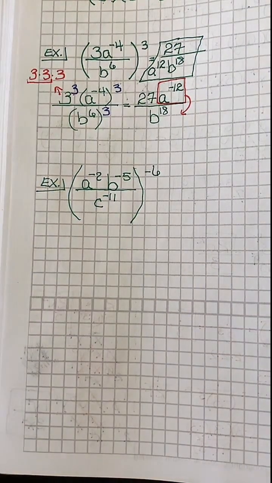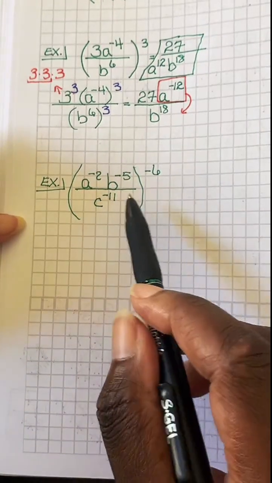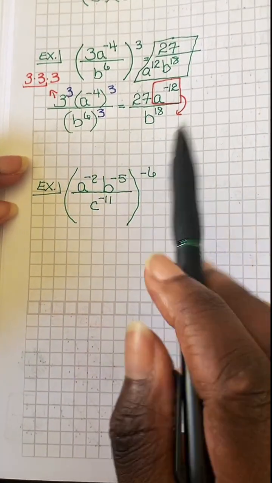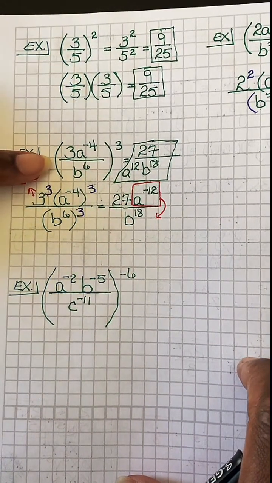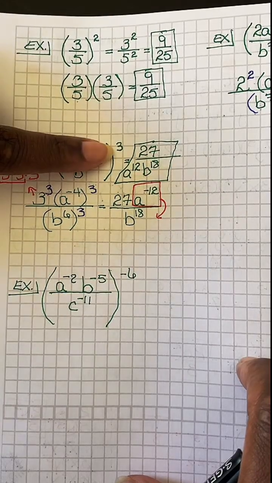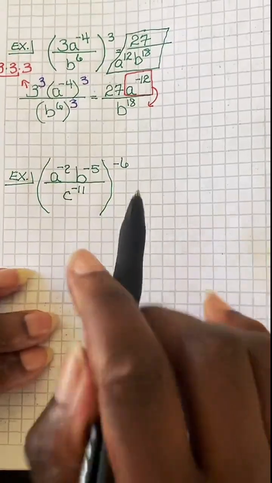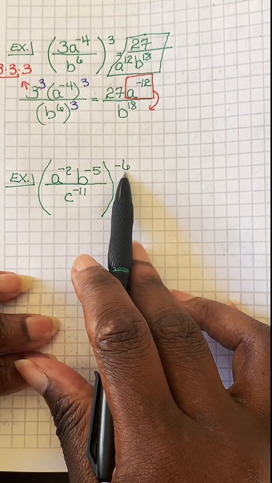All right, so let's take a gander. First, we have this lovely fraction. This time, as opposed to the last time we had a fraction, we have a negative exponent, so how do we make this positive?